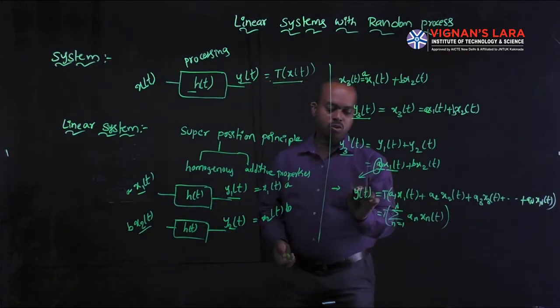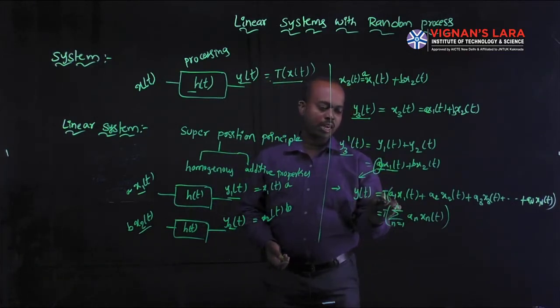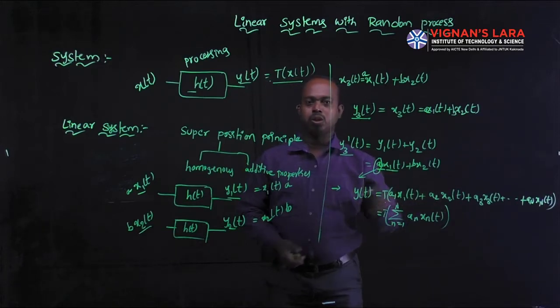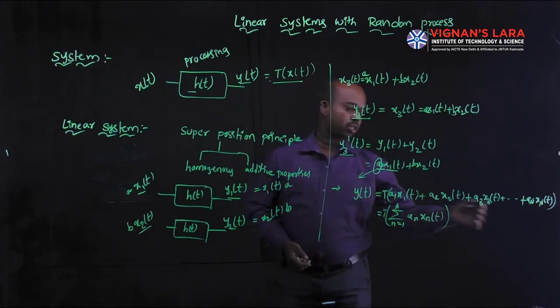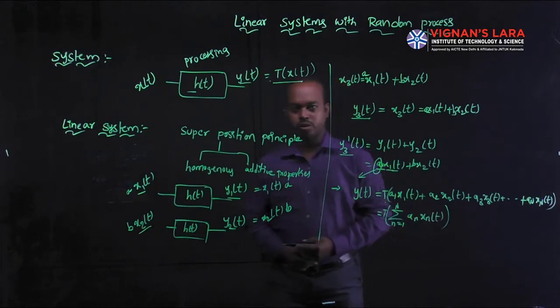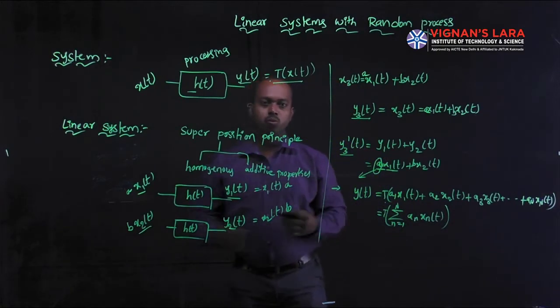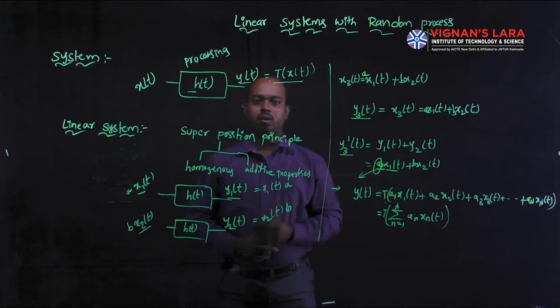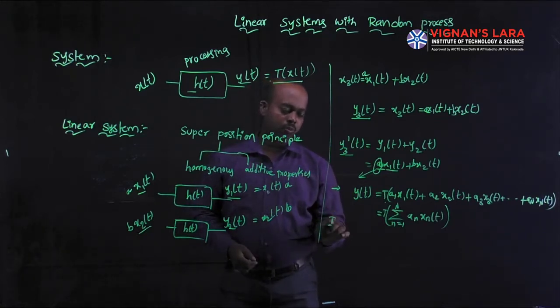The response y of t is equal to the transformation of its weighted input signals, the summation from n equal to 1 to n of the weighted input signals. And how do we find in general the response of a system? By using the impulse response.